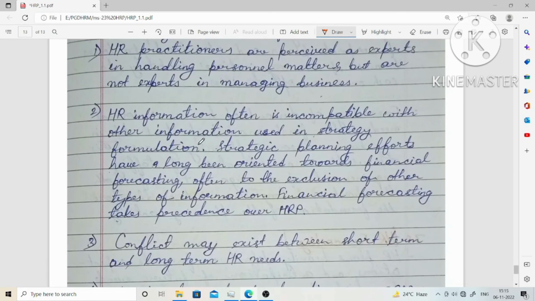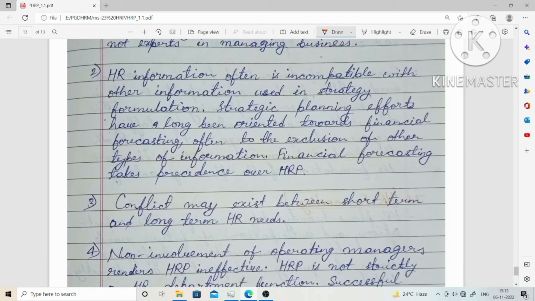Next, second given, HR information. HR information often is incompatible with other information used in strategy formulation. How is HR information incompatible? Strategic planning efforts have long been oriented towards financial forecasting, often to the exclusion of other types of information.